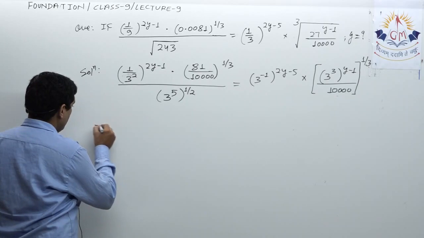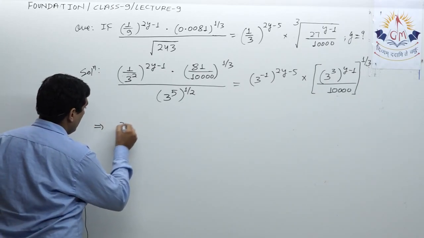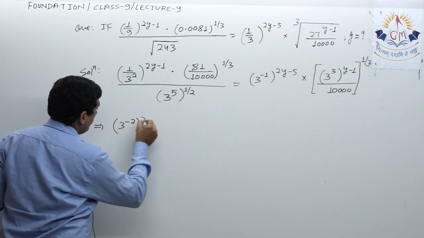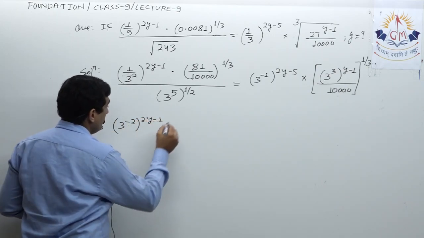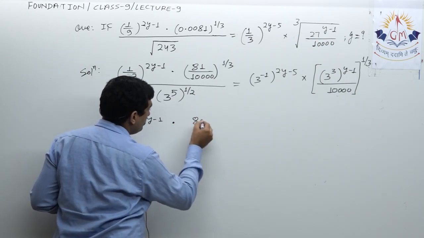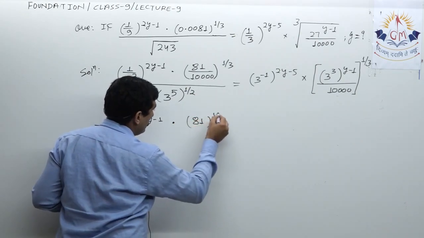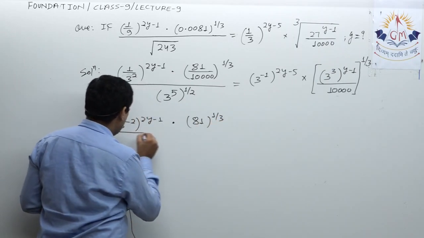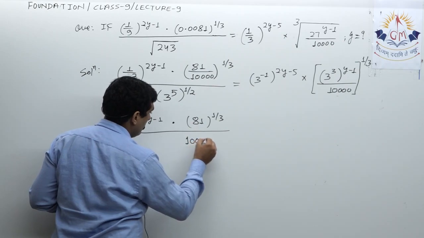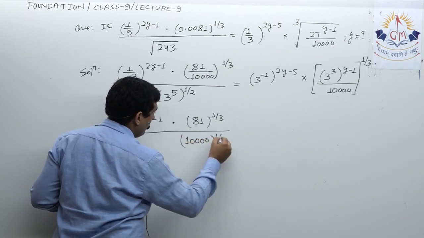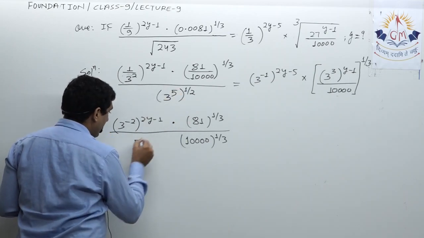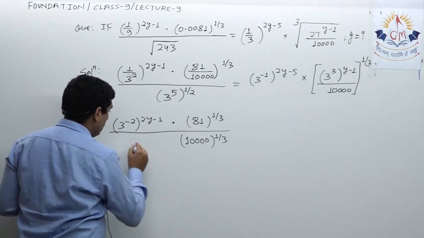Okay, now further, this is 3 raised to minus 2 raised to 2y minus 1 multiplied by 81 raised to 1 by 3 divided by 10,000 raised to 1 by 3. Okay, and 3 raised to 5 by 2.